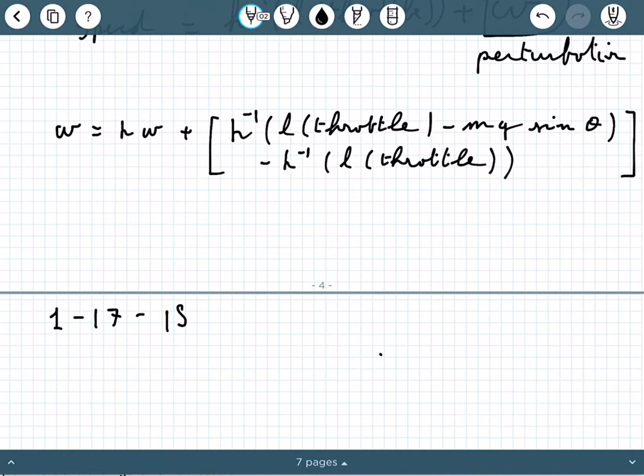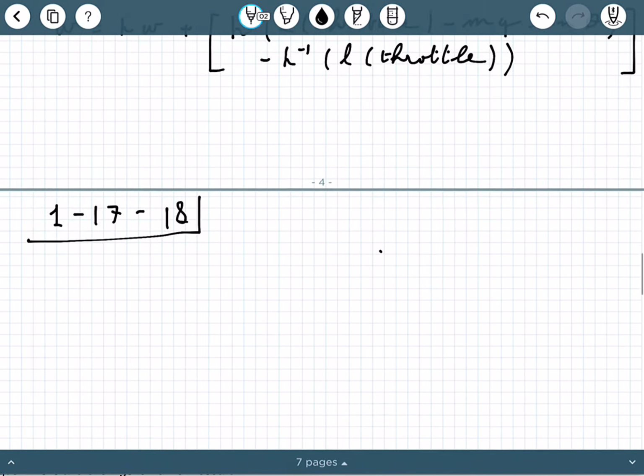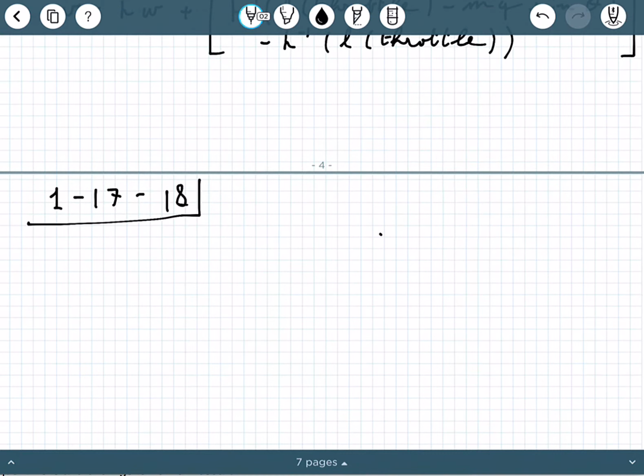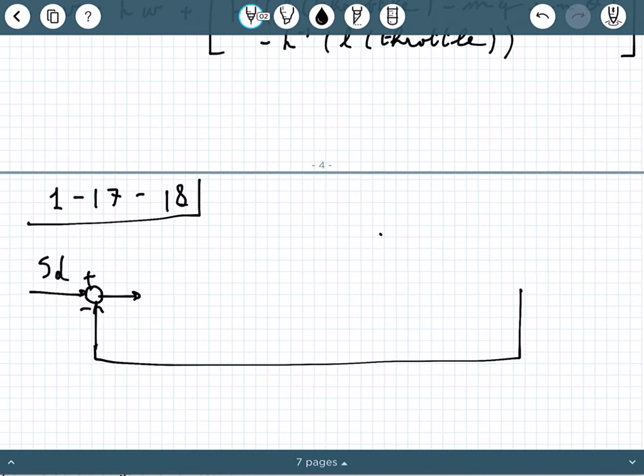The feedback loop we are building is the same as before. That is, the control system measures the error in speed between what I would call the desired speed on the one hand and the measured speed on the other hand.